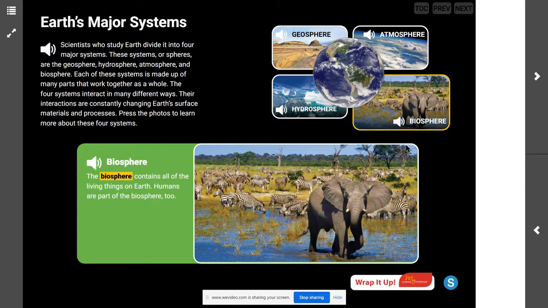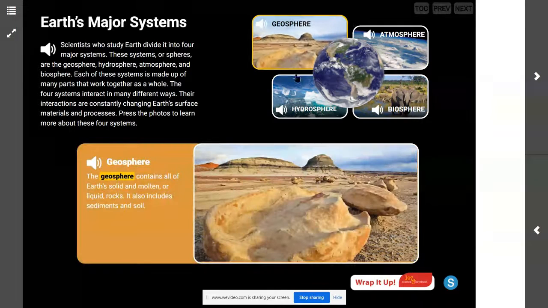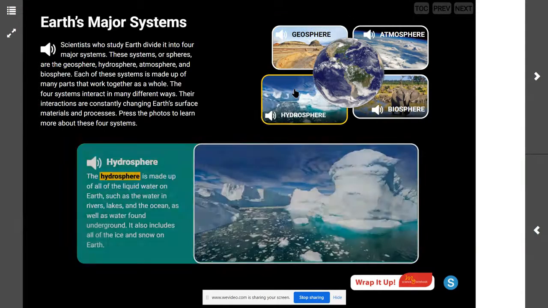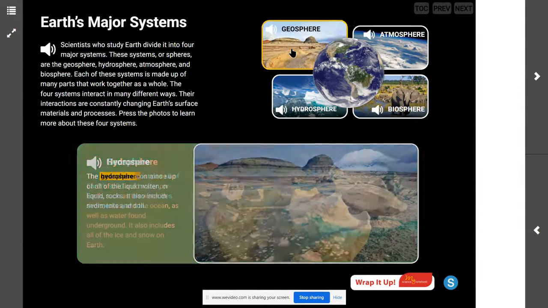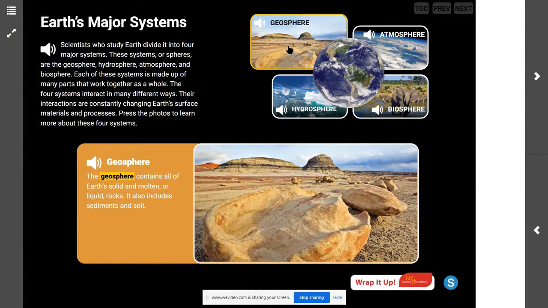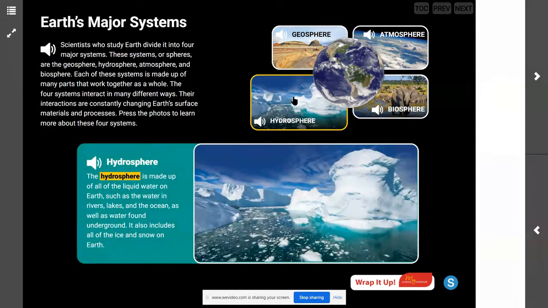What solid features are found in the geosphere and in the hydrosphere? Our solid features are going to be our rocks and our soil. In the hydrosphere, we're going to look at that ice.